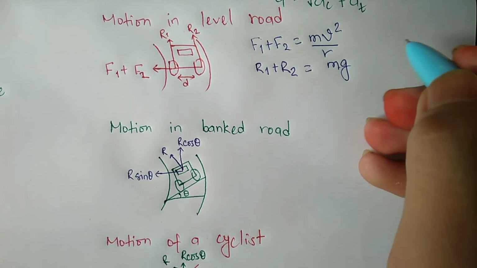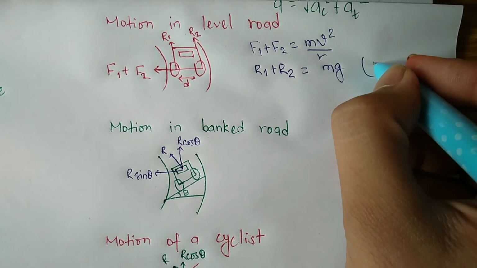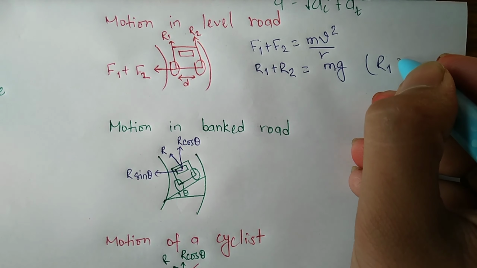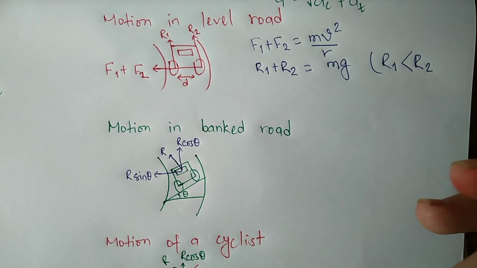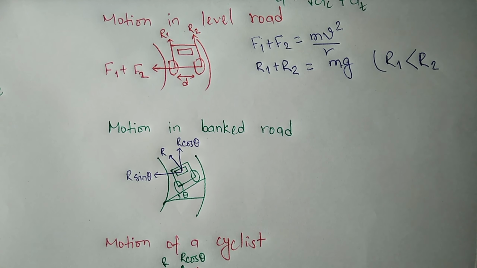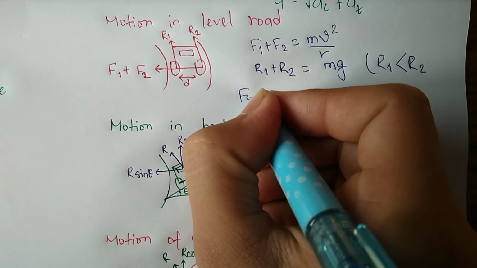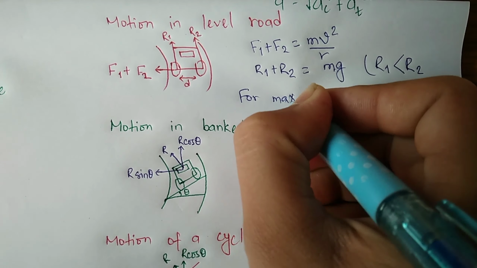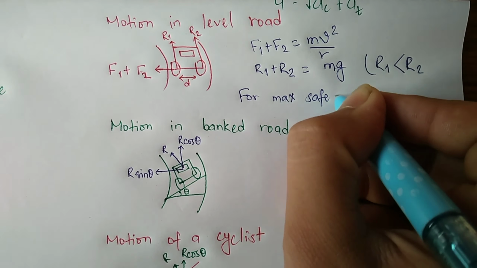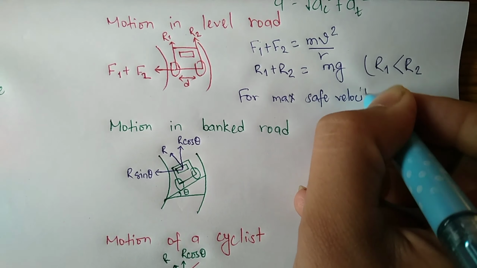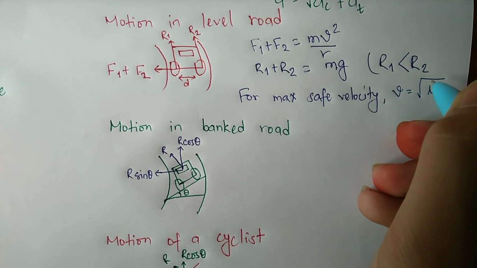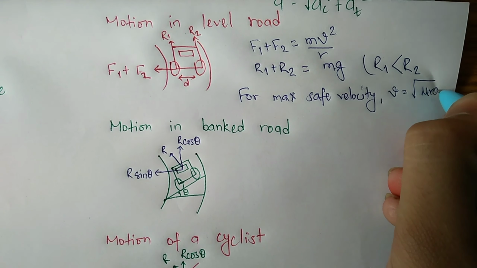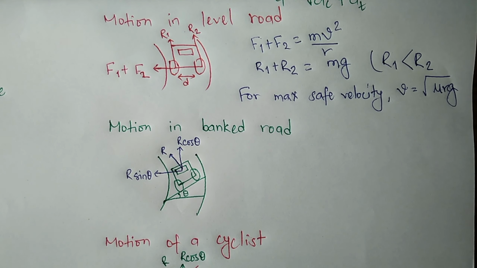Well, in most level roads, R1 is always less than R2, that is, the reaction of the inner wheel is less than that of the outer wheel. For maximum safe velocity, v is equal to root under mu r g. R is the radius of the circle.